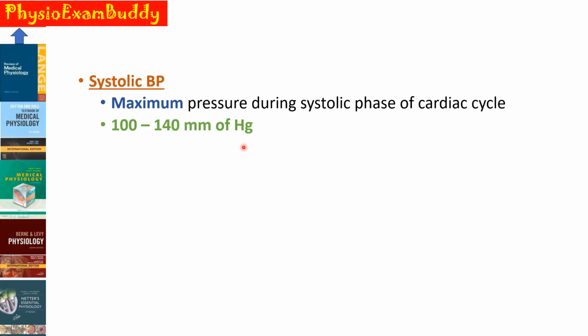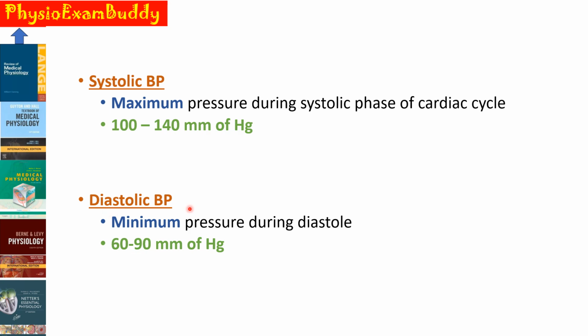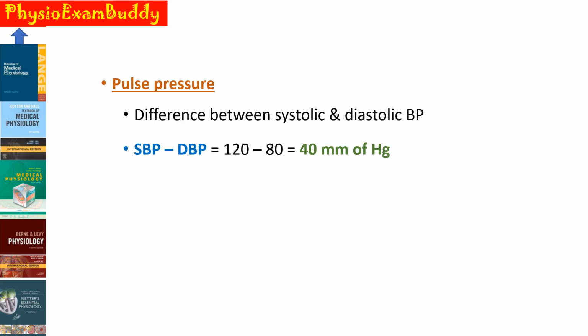Whereas diastolic BP is the minimum pressure during the diastole, and the normal value lies between 60 to 90 millimeters of mercury. Please keep in mind, it is the maximum pressure in case of systolic blood pressure, whereas it is minimum pressure in case of diastolic blood pressure.